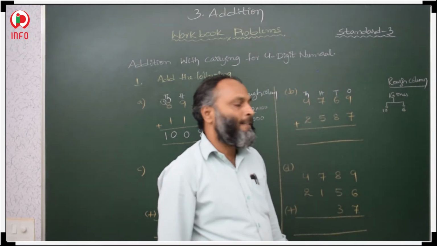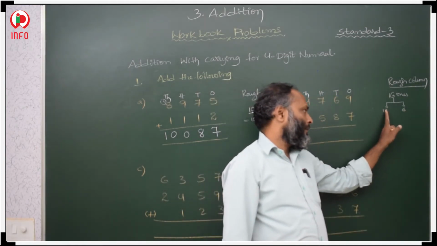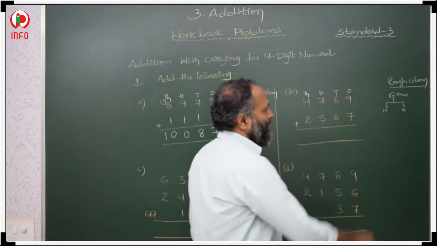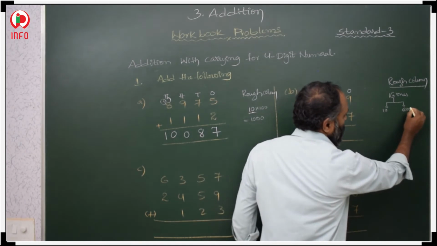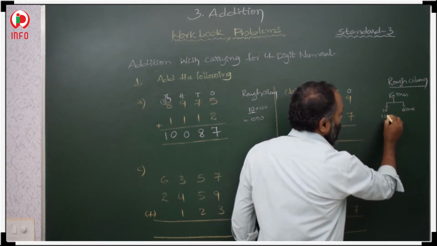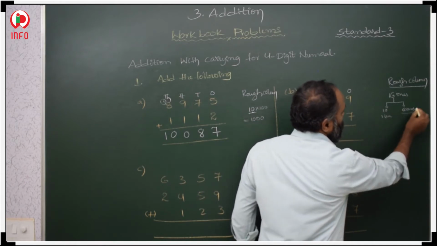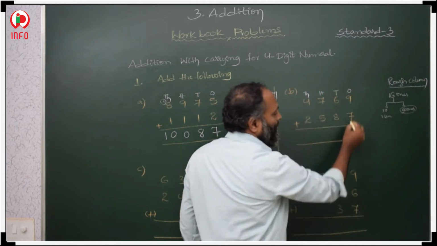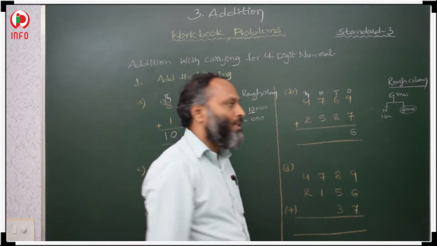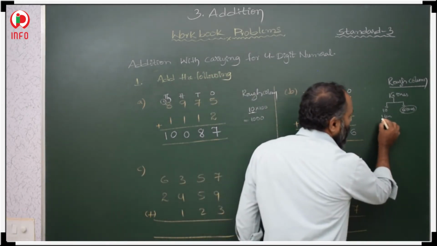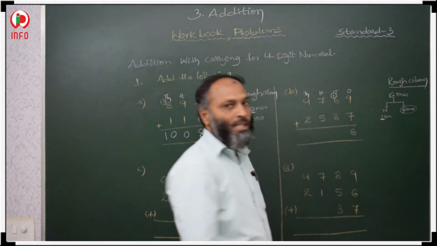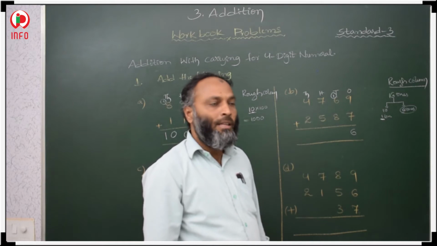It means 1 ten and 6 ones. So these 6 ones we keep in ones place, and that 1 ten, how many tens are there? 1. That you keep in tens place.